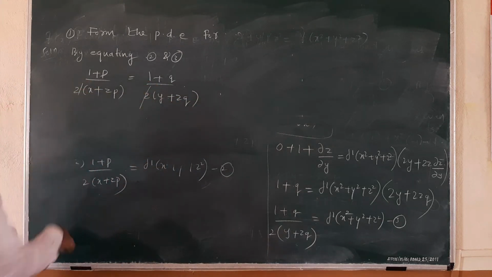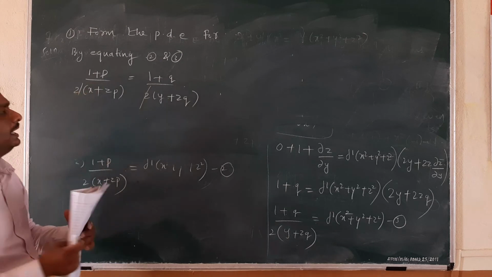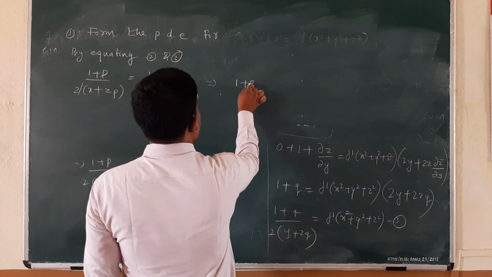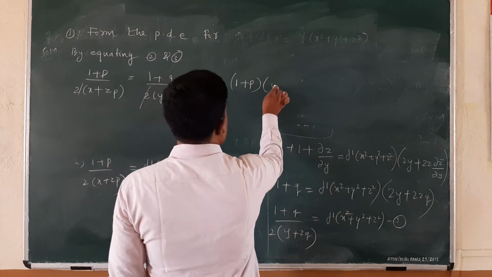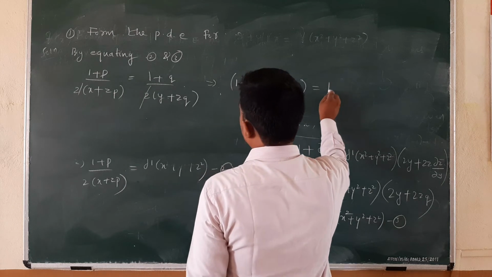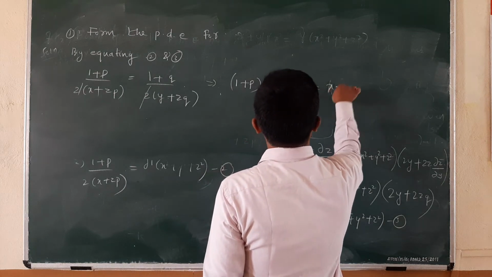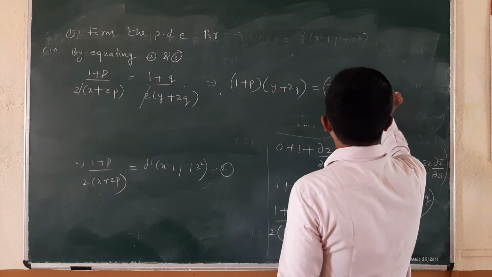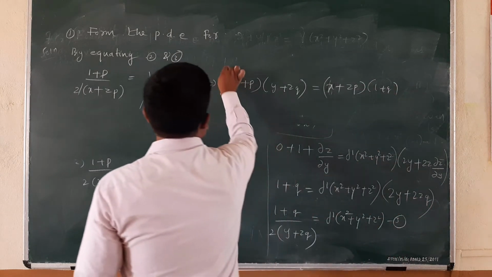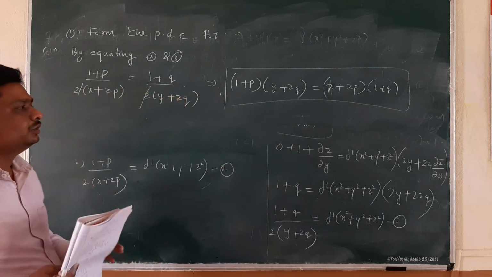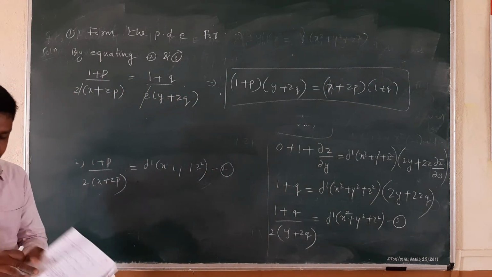So here 2 and 2 get cancelled. So I will cross multiply. So after cross multiplying I will get 1 plus p into y plus z into q is equal to x plus z into p into 1 plus q. So if you want, you can simplify this one, or else you can stop here. So we'll take one more example based on this one.